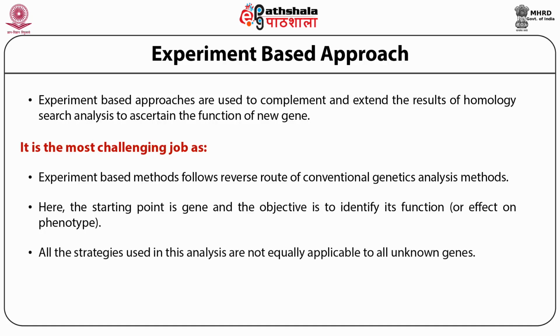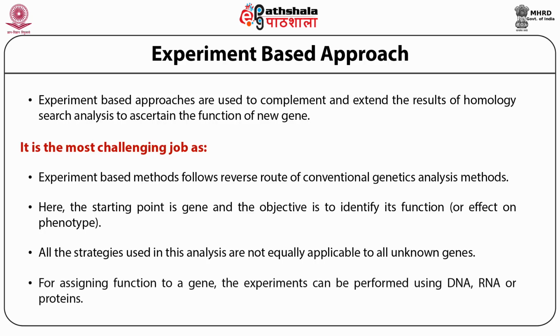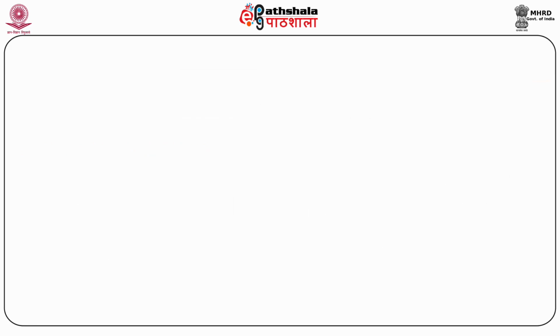All the strategies used in this analysis are not equally applicable to all unknown genes. Thus, for assigning function to a gene, the experiments can be performed using DNA, RNA, or protein. We will be first talking about experimental approaches using DNA.